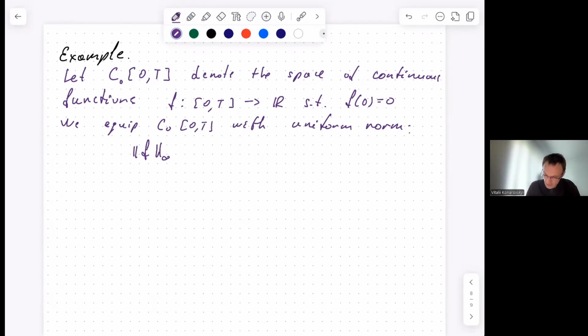It is the maximum or supremum over t belongs to [0, T] of the absolute value of f(t). And you know that this space is a Banach space. It is a complete separable normed space.